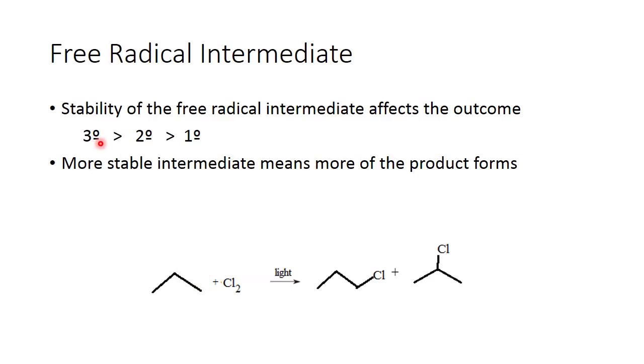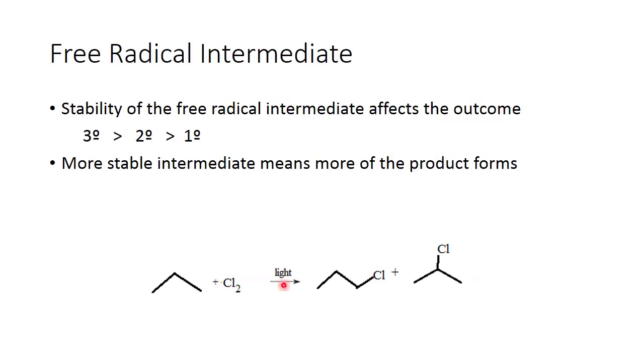But basically, what do we see? The more carbons that are on a carbon, the greater the stability of the free radical. So tertiary free radicals are more stable than secondary free radicals, which are more stable than primary free radicals.